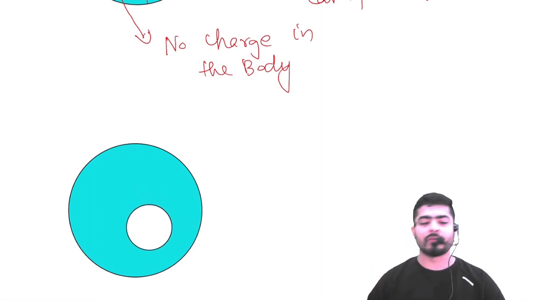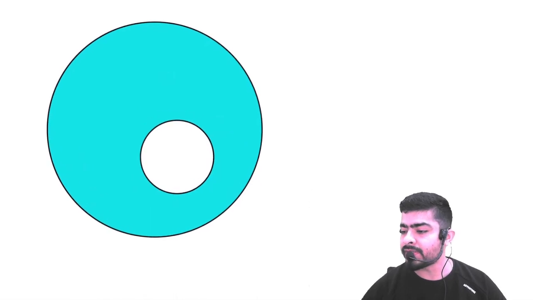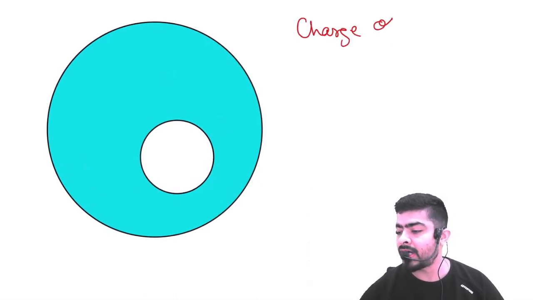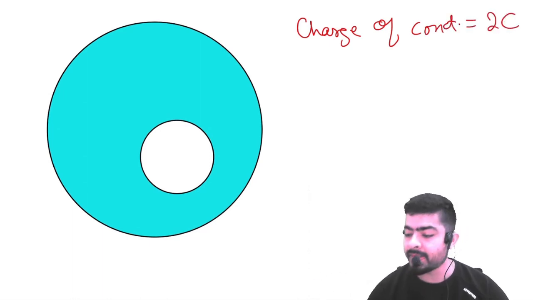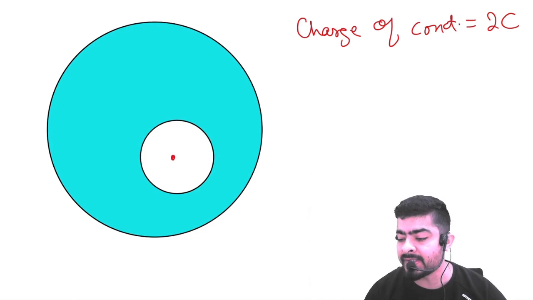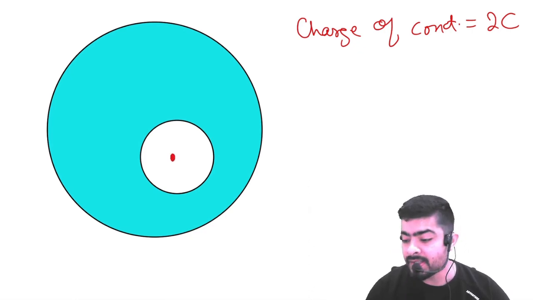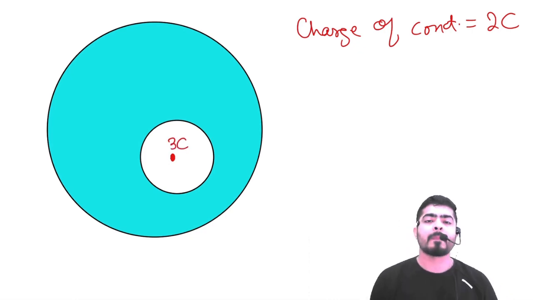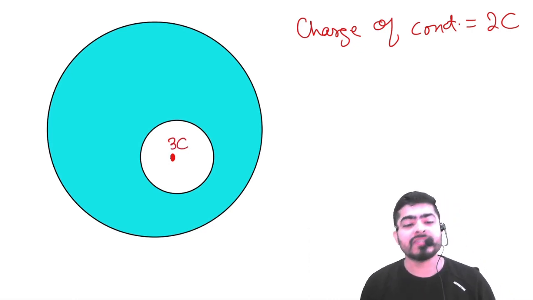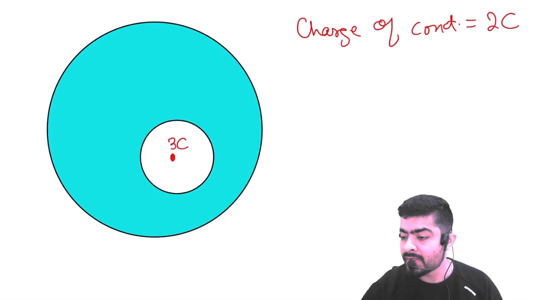So this is your cavity. Now suppose the charge of the conductor is 2 coulombs again, but there's another charge inside the cavity. Let's say this charge is 3 coulombs. Now how will the charge get distributed?